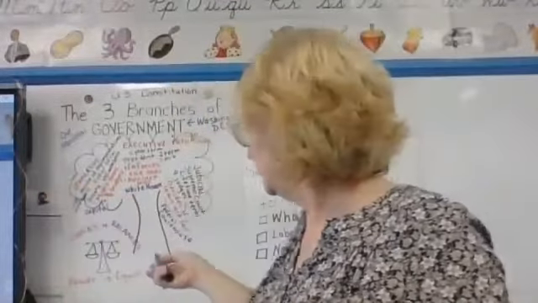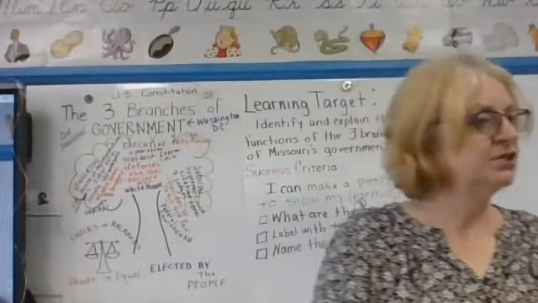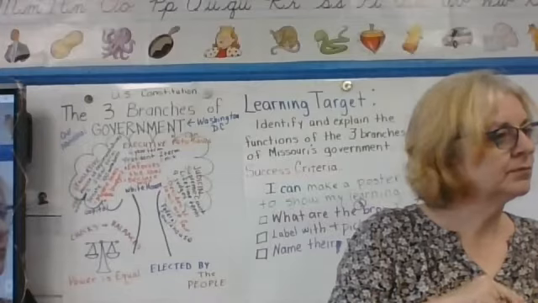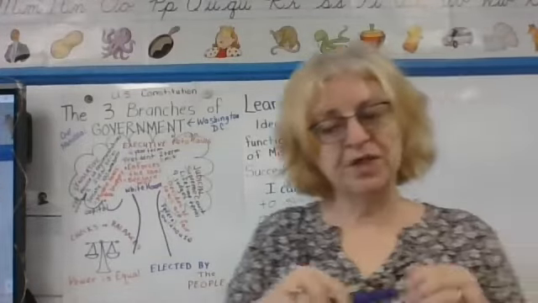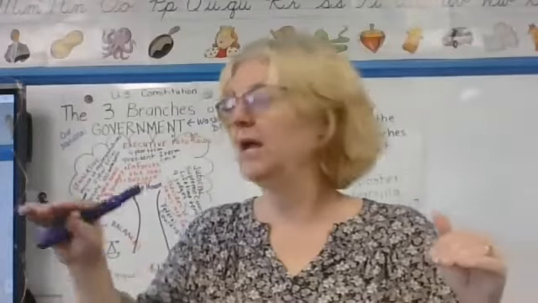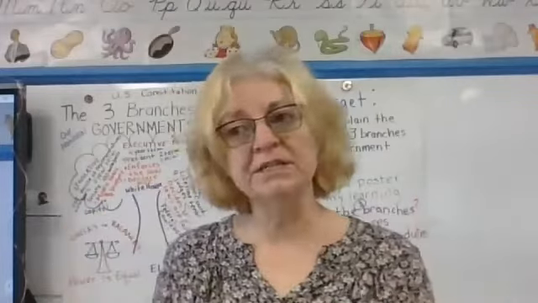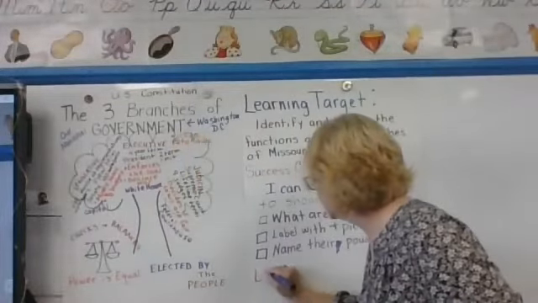So we use the symbol to weigh what though? Audrey? Okay, so things are fair, and yes, that all the power is equal. So we want to talk about the checks and balances.